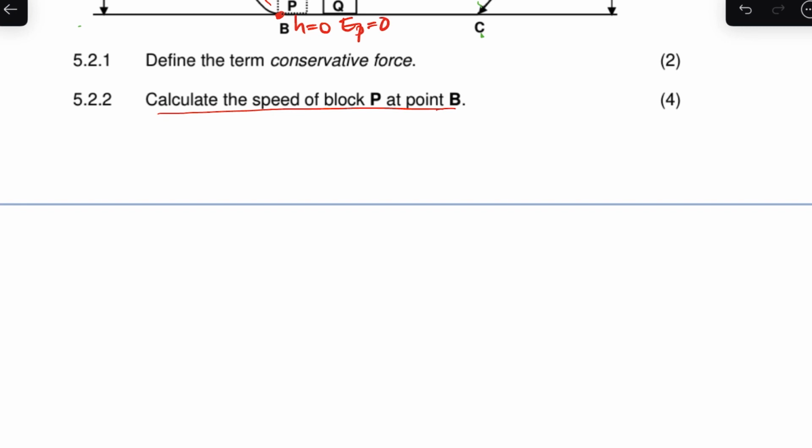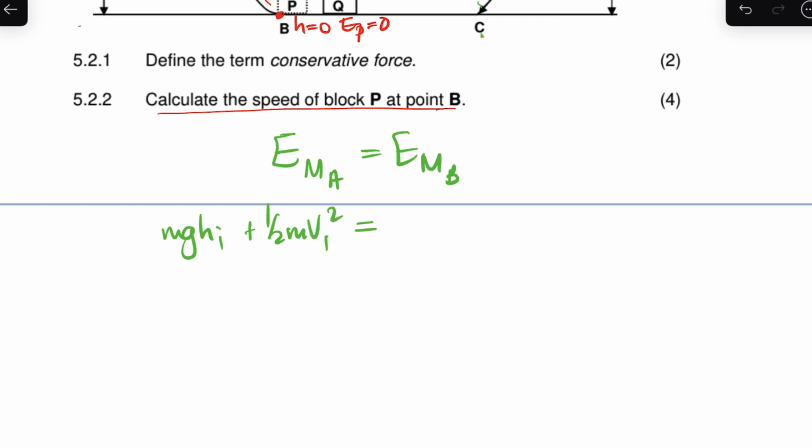So I will use the conservation of mechanical energy. The mechanical energy at A is equivalent to the mechanical energy at B because it's conserved. So it's going to be mgh initial plus half m v initial squared equals mgh final plus half m v final squared.